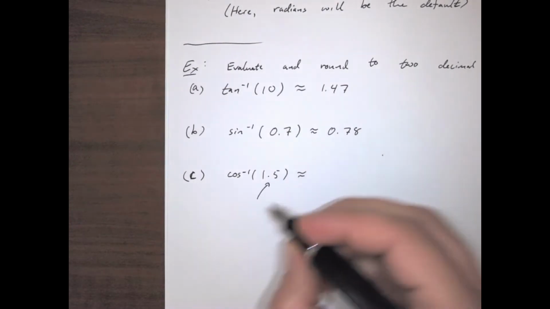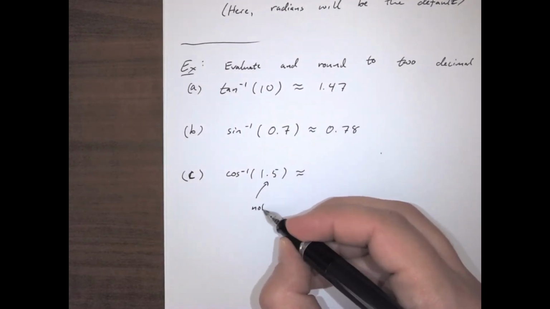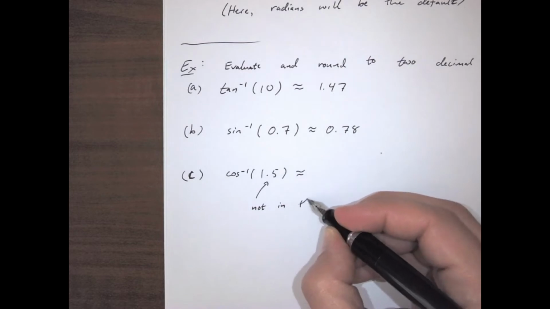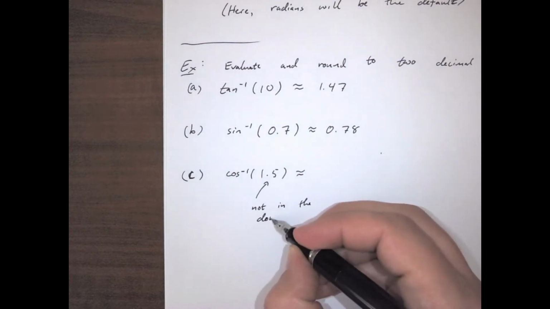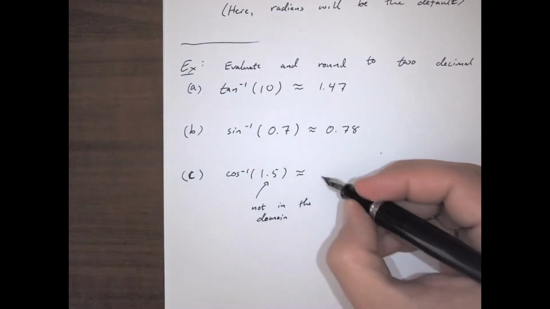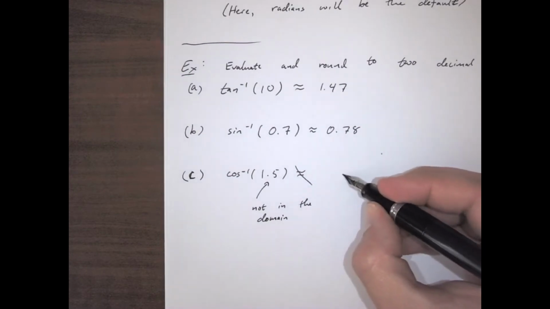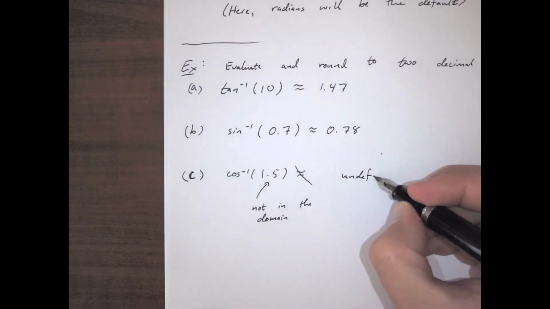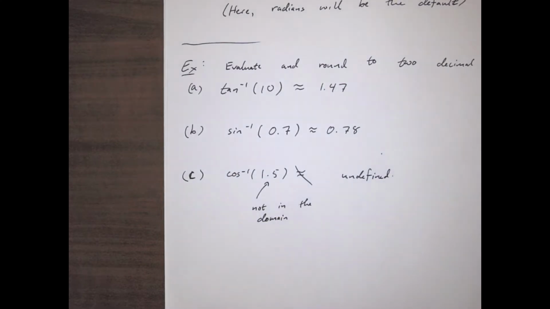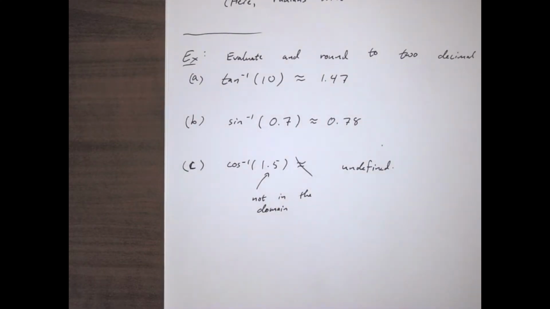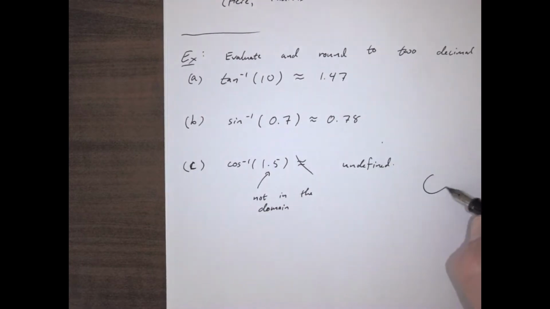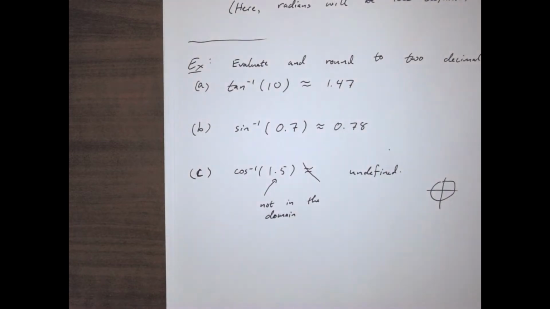This was not in the correct domain. So this is undefined. Remember, if we are thinking about a unit circle, cosine is the x value. Find me the x value on the circle that is 1.5. Good luck.